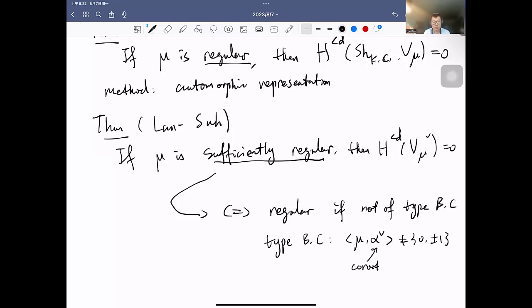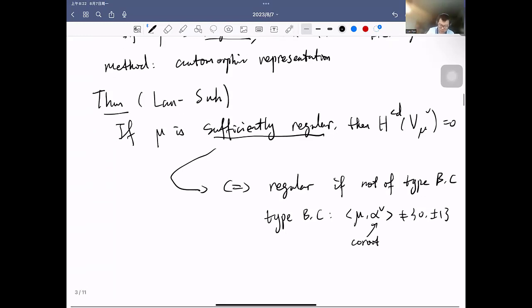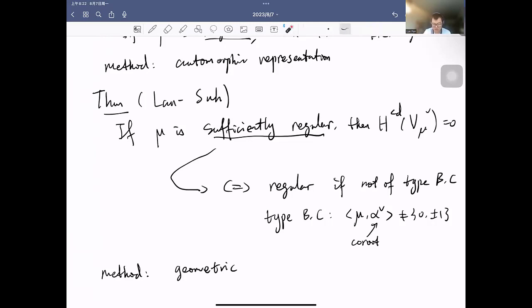So they also have similar results in this aspect, and their method is more geometric and actually relies on Kodaira type vanishing results from mixed Hodge modules. This result of Lan and Suh is what we're going to try to generalize to the setup of completed cohomology in today's talk.